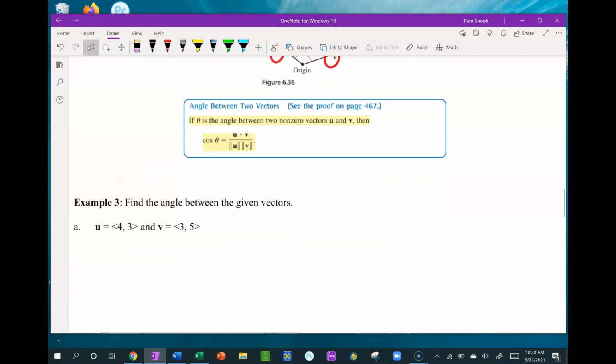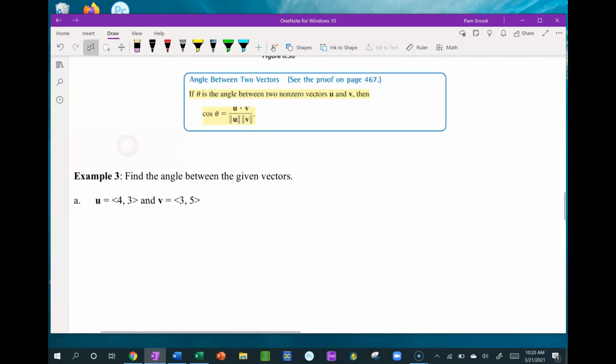So let's go ahead and do an example like this. I'm going to find the angle between vector u, which is 4, 3, and vector v, which is 3, 5. I'm just going to use the formula. So cosine of theta is going to be u dot v, so I'm doing my dot product, and then I'm going to divide by the magnitudes.